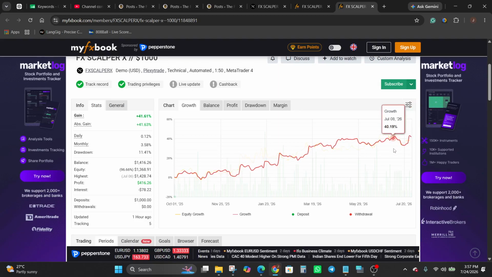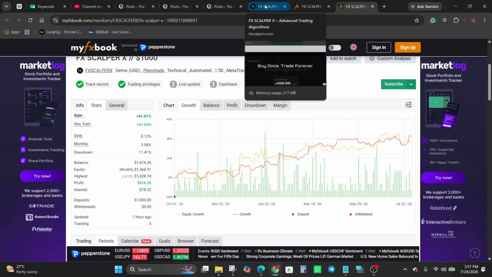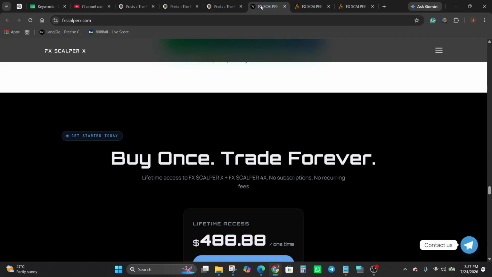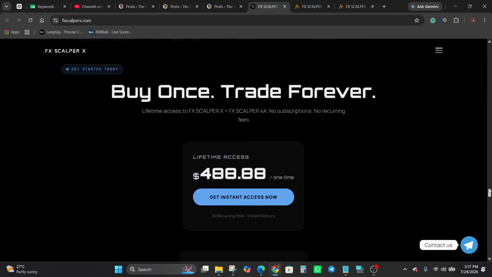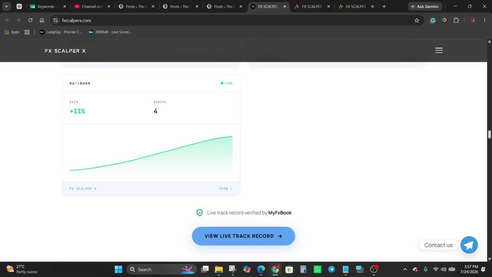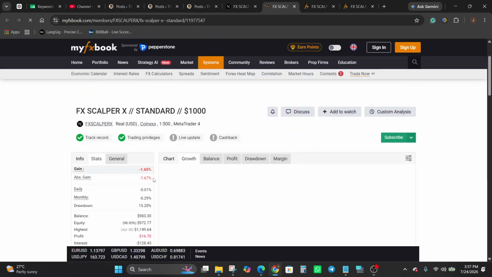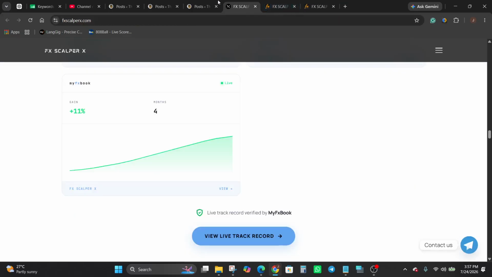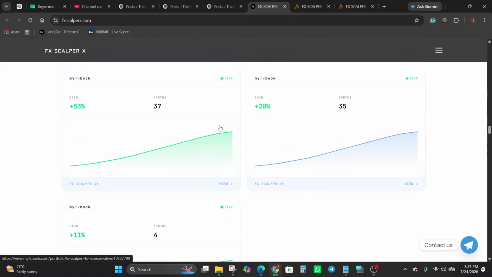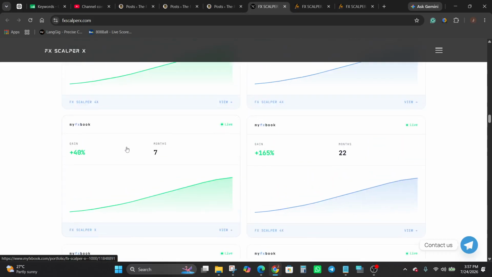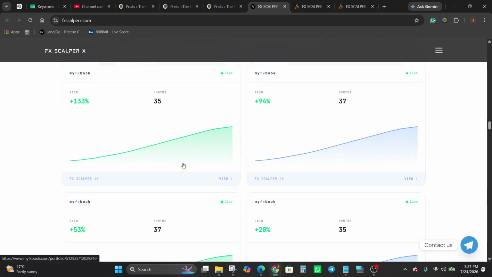But the actual verified live track record specific to FX Scalper X, as shown on this page, one of them covers 4 months. The one that is negative covers 4 months, while the other that is positive 40% covers 7 months.